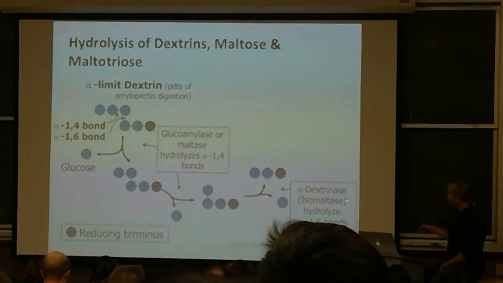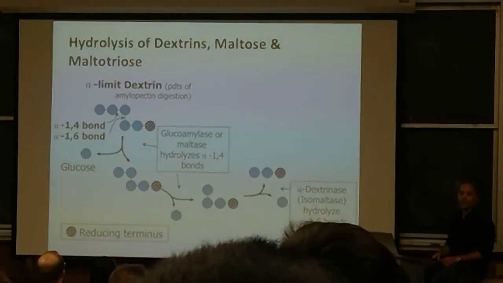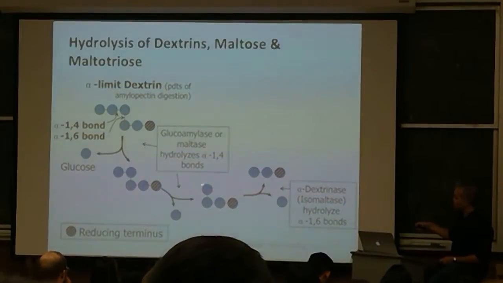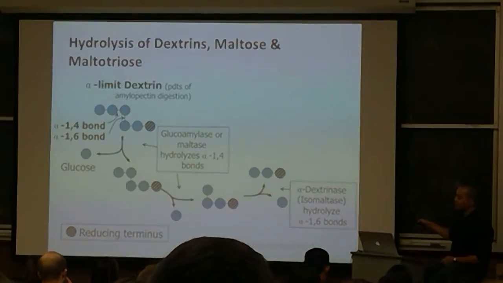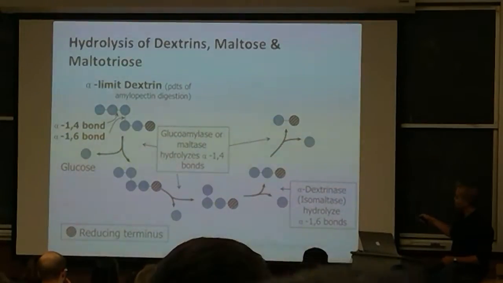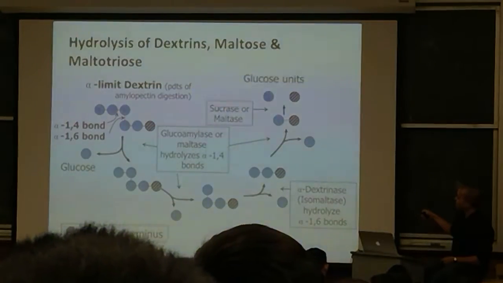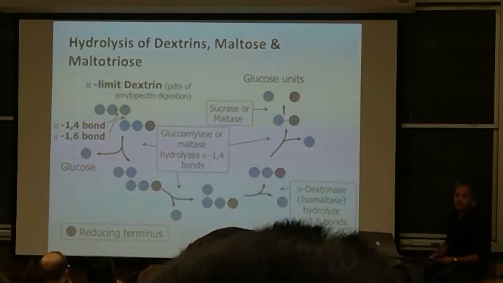So this is where alpha-dextrinase or isomaltase comes in to hydrolyze that 1,6 branch point. So here we have the branch. We hydrolyze it. Now we're down to just 3 glucose molecules. Glucoamylase and maltase can again contribute to the breakdown. And finally, sucrase or maltase can break this final molecule down into free glucose subunits.